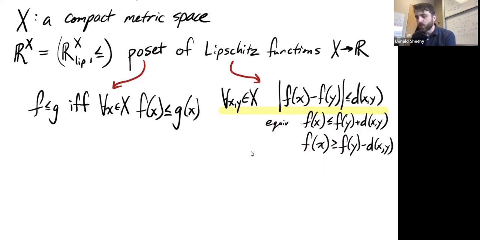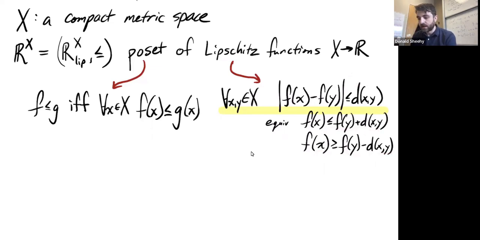For real valued functions, you can break apart this absolute value into two statements. One is that f of x is less than or equal to f of y plus the distance; this is an upper bound of the function at x. The other is a lower bound: it has to be greater than f of y minus the distance. In fact, we're going to use these upper and lower bounds to construct other functions.